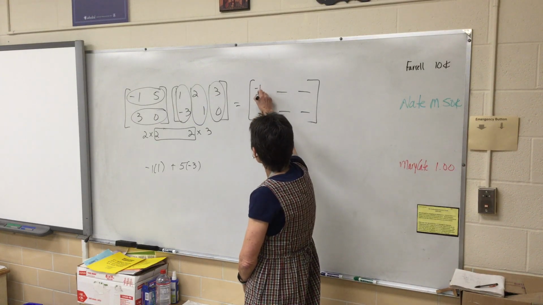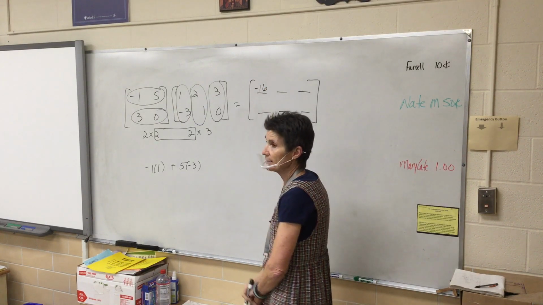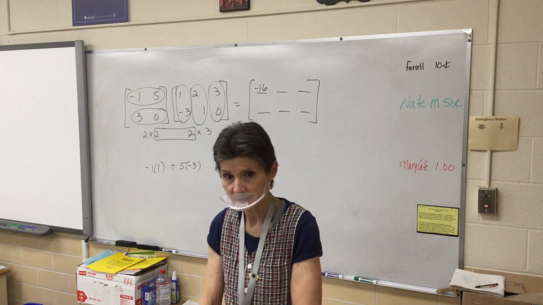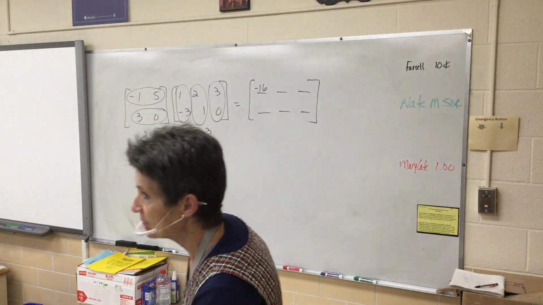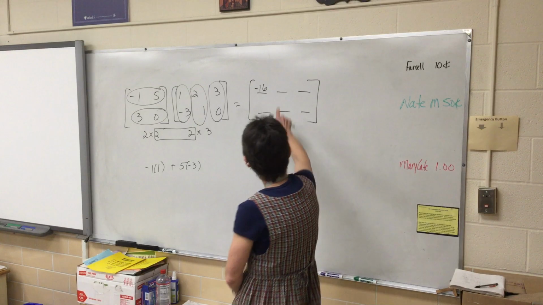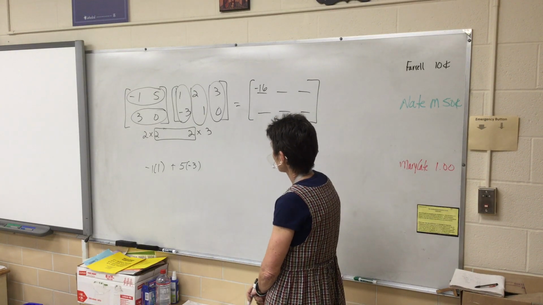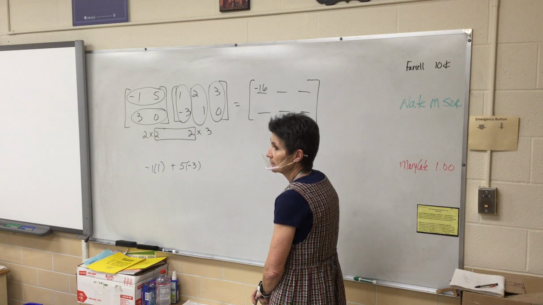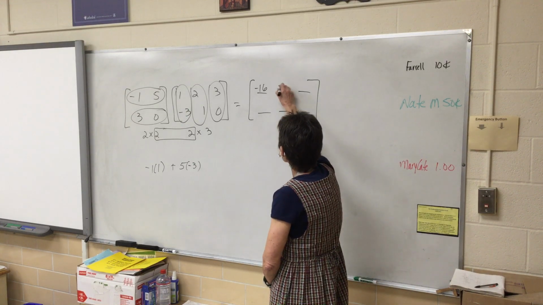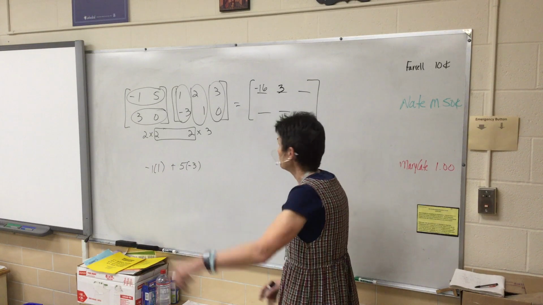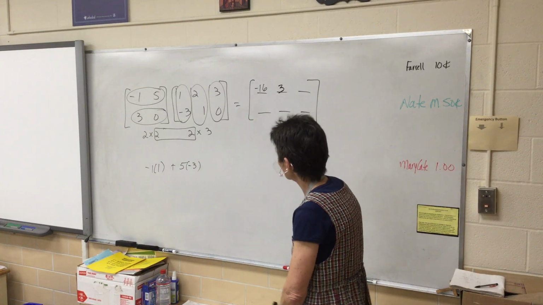So how many of you got -16 for that first spot right there? Perfect. Lainey, you got the second one? Okay, this one right here. 3. Yep, that's what the goofball up here says, 3.